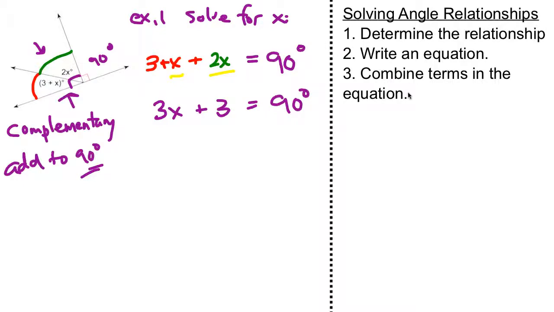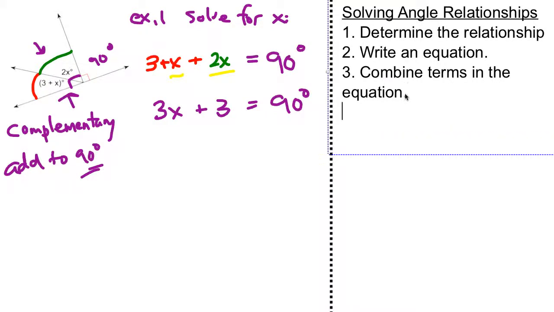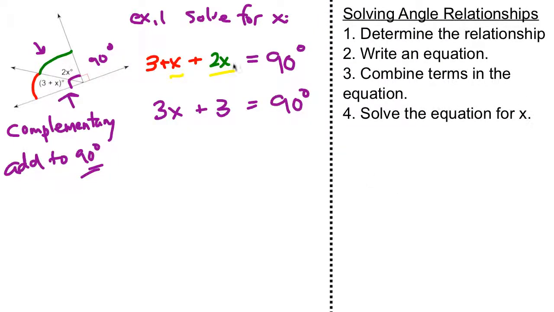Now we want to solve the equation for x. These next steps are really important. First, I want you to put a vertical line through the equal sign. The second part is you need to write the goal of the problem, to find out what x is going to be.